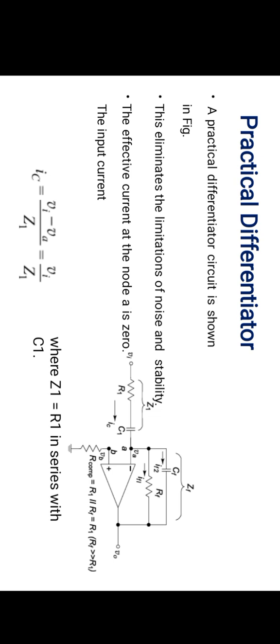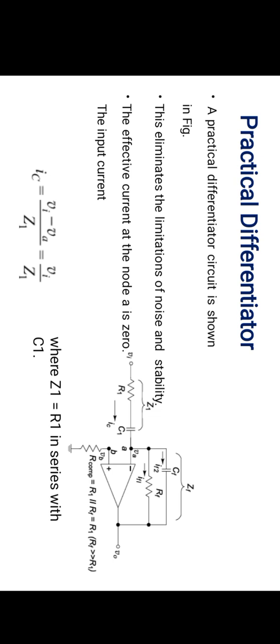Next, practical differentiator. A practical differentiator circuit is shown in figure. This eliminates the limitations of noise and stability. The effective current at the node A is 0.